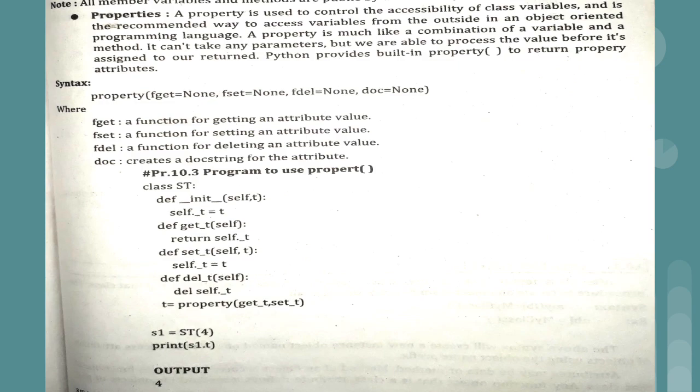In that I have used del. So the del keyword is basically used to delete the value of the specific variable, or we can say it is used to delete the variable only.